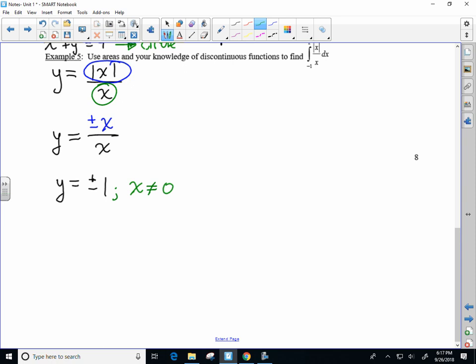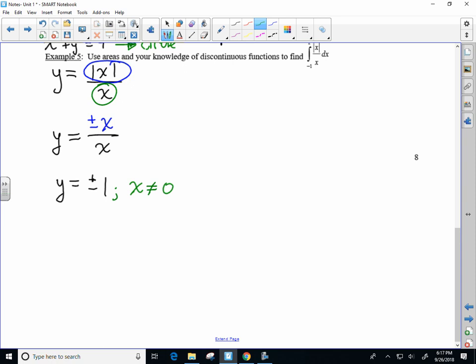It's telling me that I obviously can't have y equals 1 and y equals negative 1 happening at the same time, because then it wouldn't be a function. It would fail the vertical line test. So they have to be happening one at a time. If there is a discontinuity at 0, that's where the break is going to happen. It's just really a question of what's coming first: the y equals negative 1 or y equals positive 1.